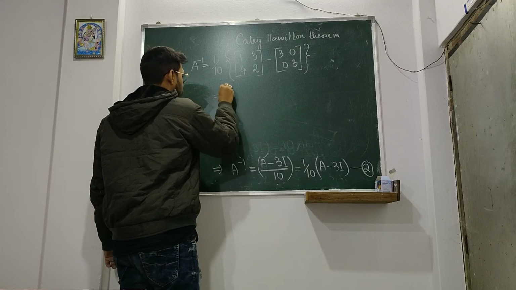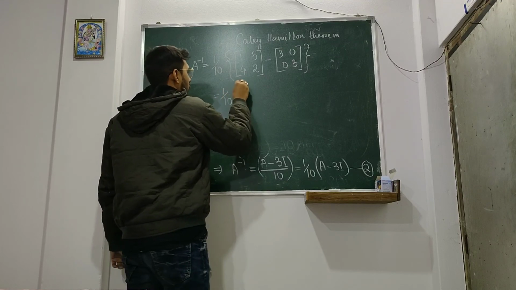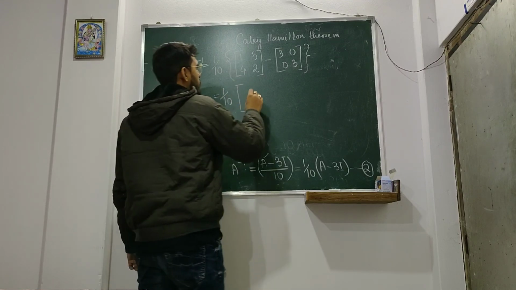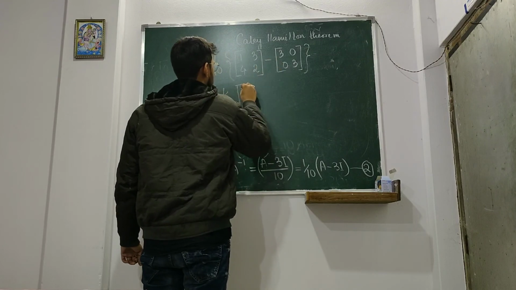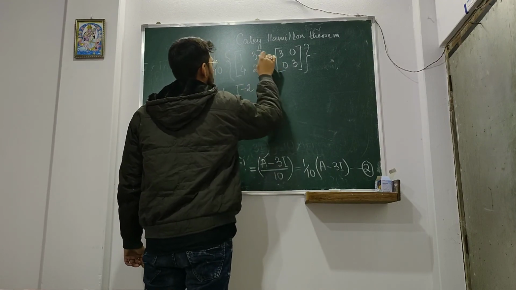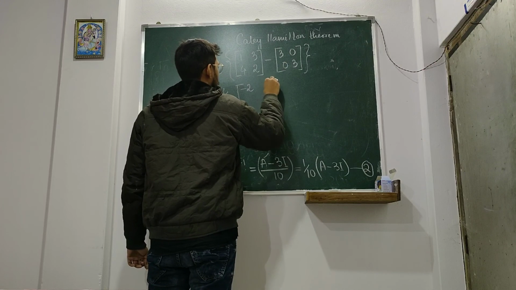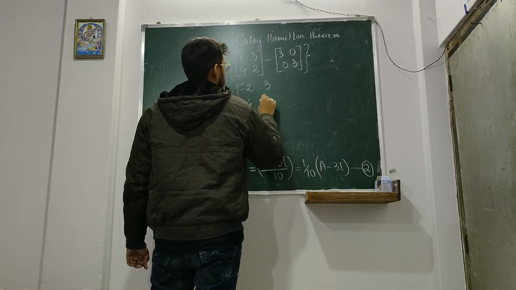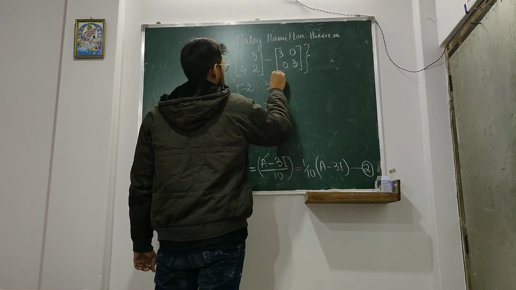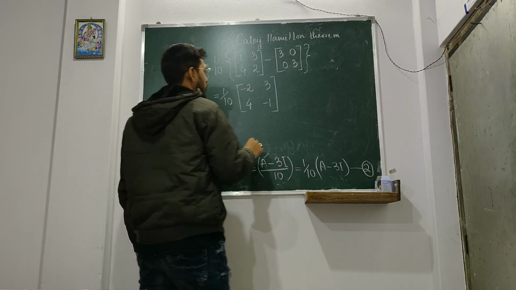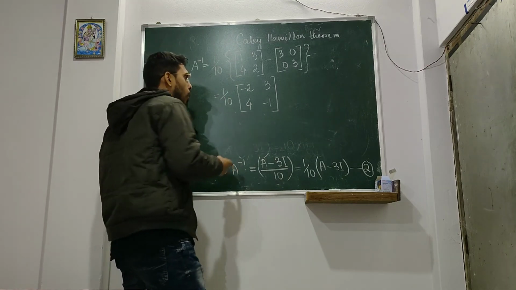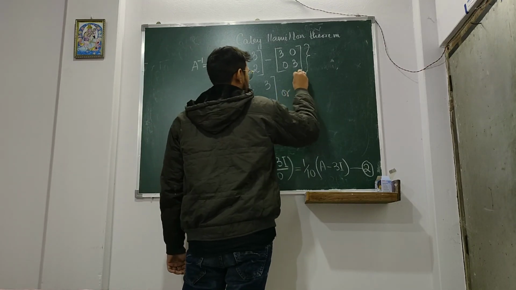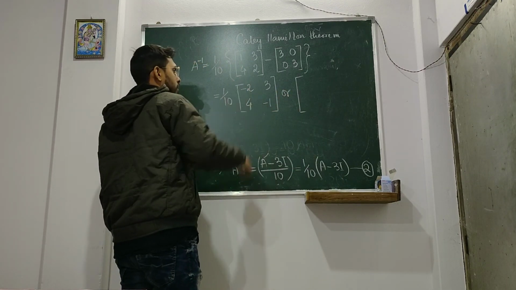So again 1/10, and we are getting the final matrix: 1 minus 3 gives minus 2, 3 minus 0 gives 3, 4 minus 0 again gives 4, and 2 minus 3 gives minus 1. You can keep it like this, or you can also write it by multiplying inside.